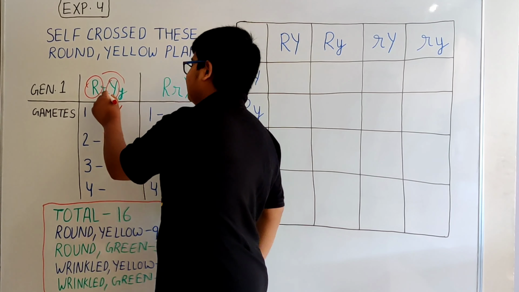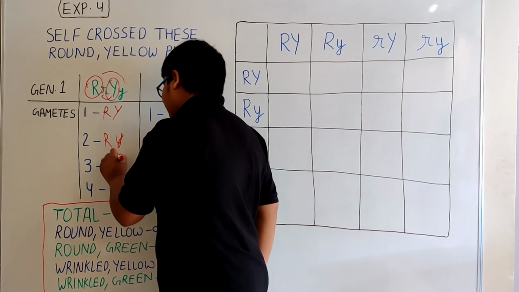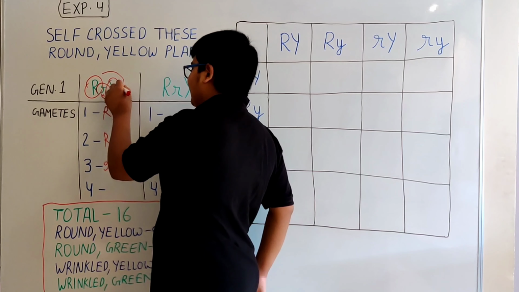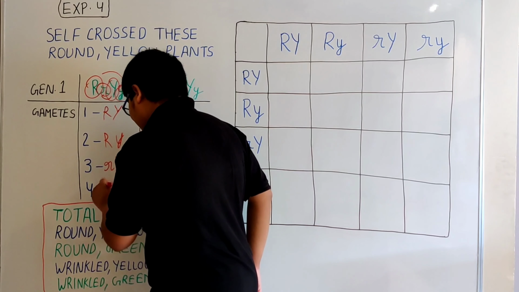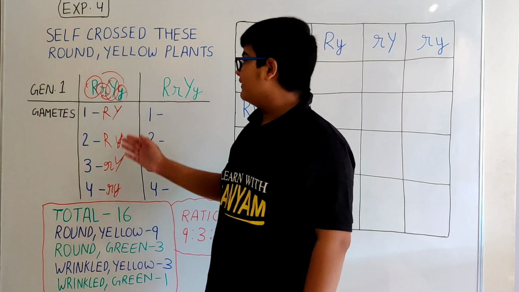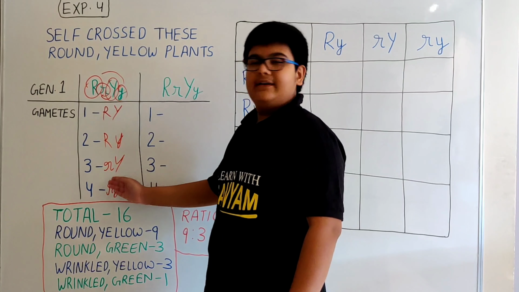Third, if we combine the small r with the capital Y, we get small r, capital Y. And fourth, if we combine the small r with the small y, we get small r, small y. So only four possibilities can be formed in this case. Four gametes can be formed, and all four I have listed here.